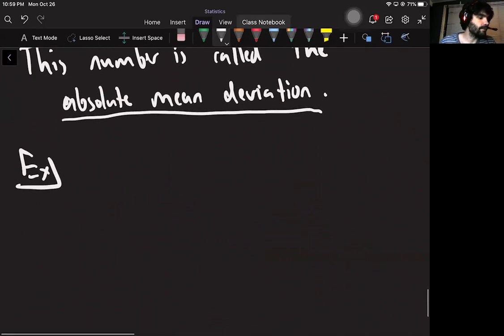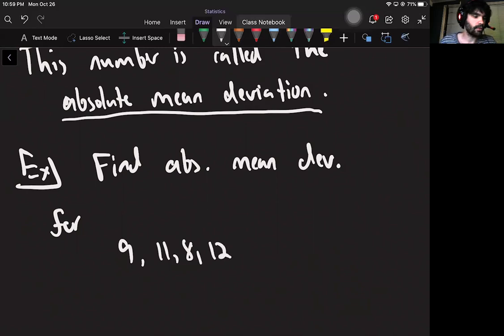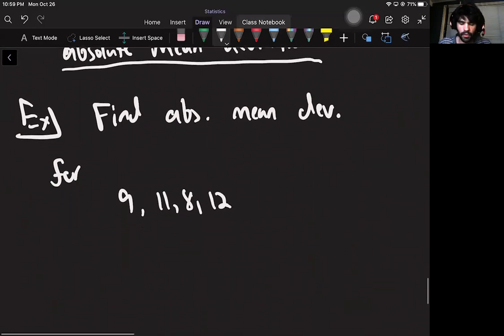Okay, so we should practice some more. Let's do one more. Let's find the absolute mean deviation, which I'm going to shorten for time, for another very small data set, which I've chosen to be quick to add to make our lives easier. Okay, but then we're going to analyze it a little bit.